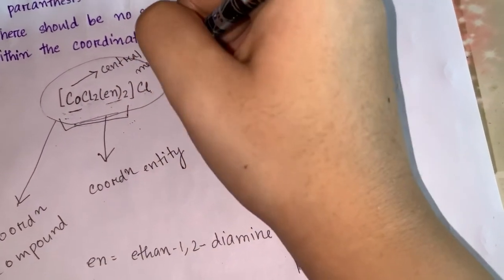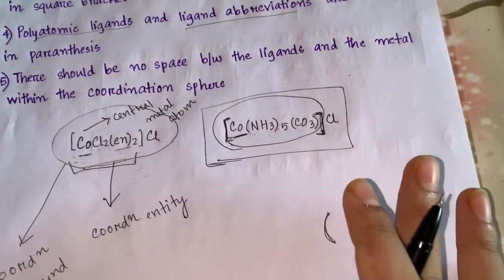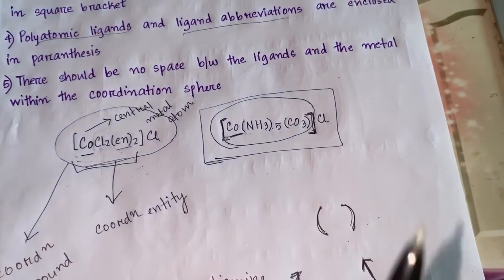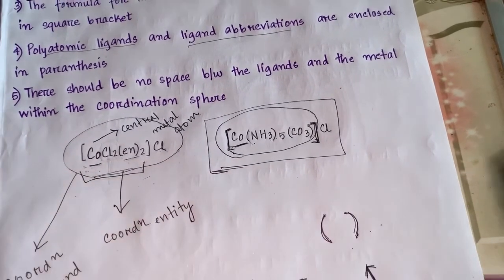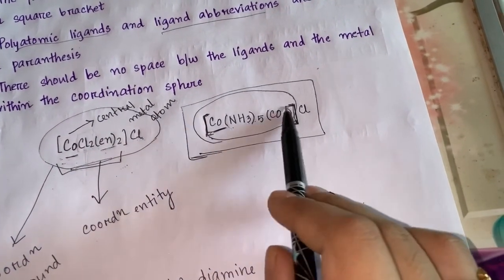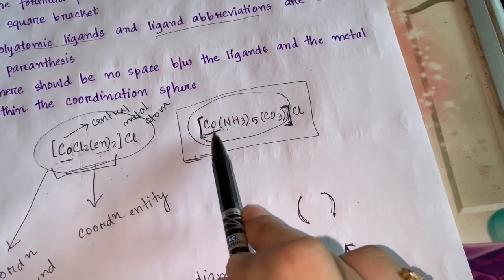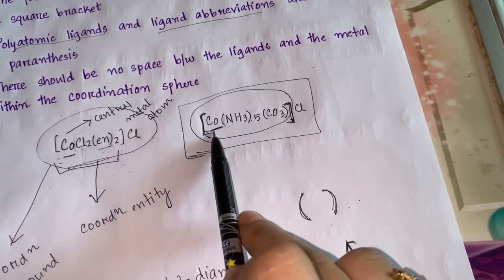Whenever you find yourself confused by a coordination compound, about which one is the central metal atom, always remember within the coordination entity, or within the square bracket, the one which is present first is always the central metal atom.